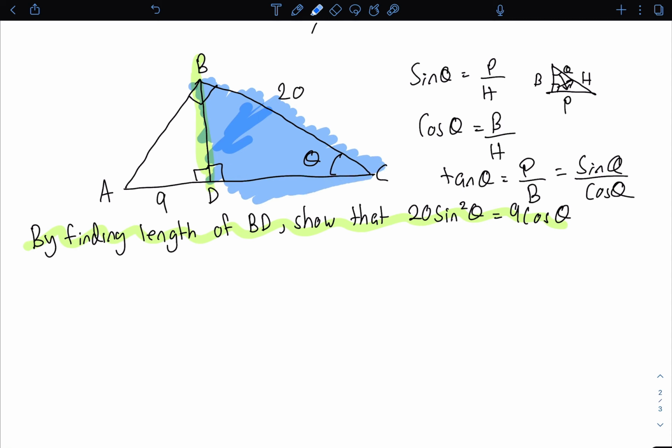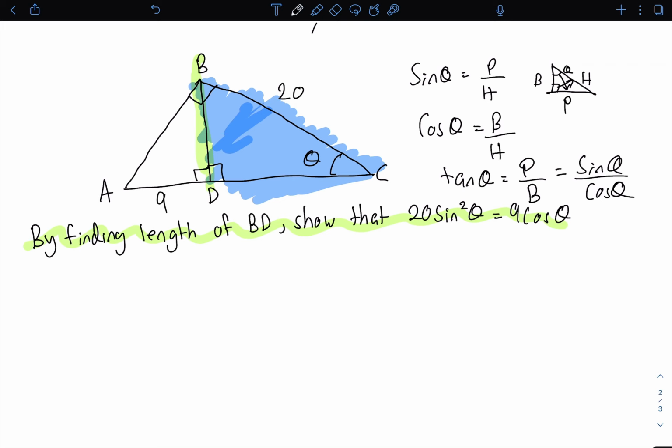The other triangle, triangle BAD, the one with 9 on it, we'll leave aside for now and pretend this is the only triangle in the question. This is a 90-degree triangle, and because of that, we can apply trigonometric ratios here.